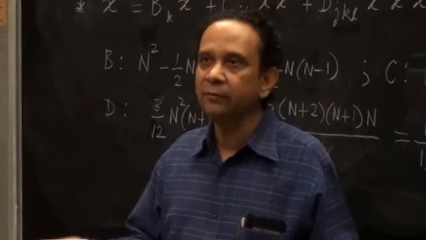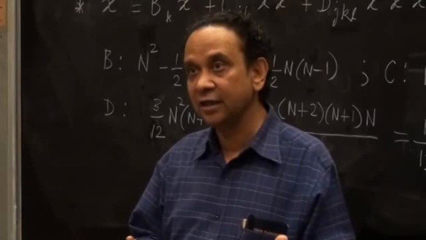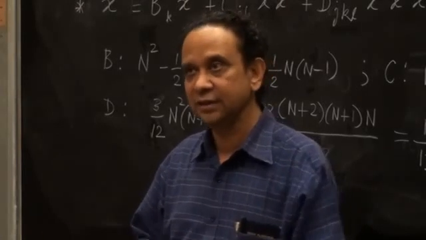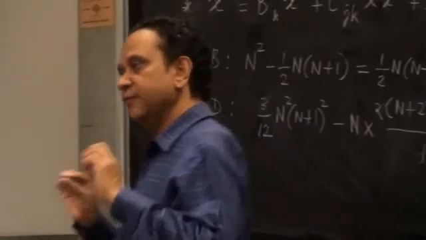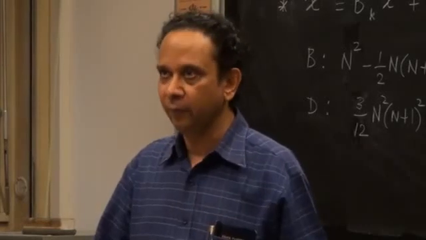In general, I won't be able to find a metric because you could have given me some crazy functions. Okay, because the metric has only 10 degrees of freedom. You have given me 20 of these objects, and there is no reason that it should come about. But if those functions satisfy the Bianchi identity, then there is a theorem which tells you that there is a metric from which this curvature can evolve.